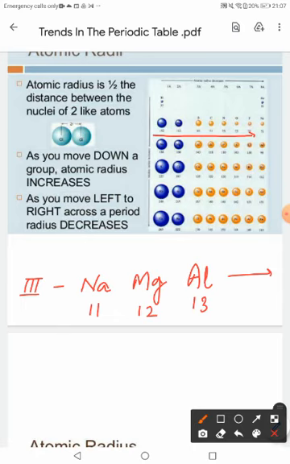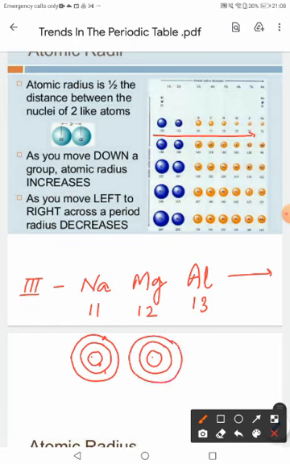Now sodium will have 3 shells because its atomic number is 11. It will have 1 electron in the outermost shell, and the inner shells will have 2 and 8 electrons. Magnesium will have 2 electrons in the first shell, 8 in the second, and the remaining 2 in the last shell.